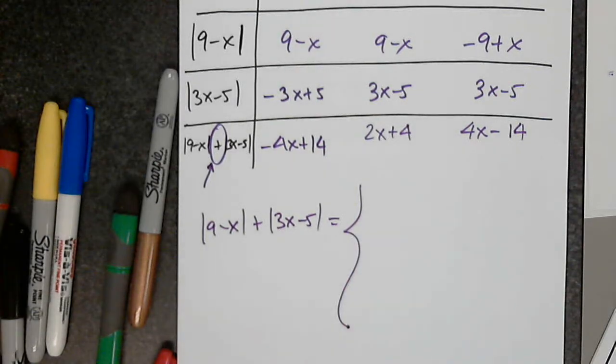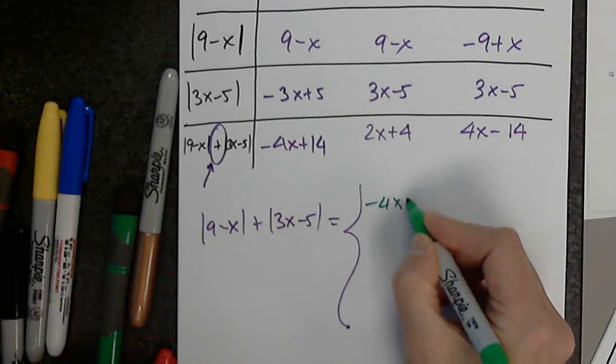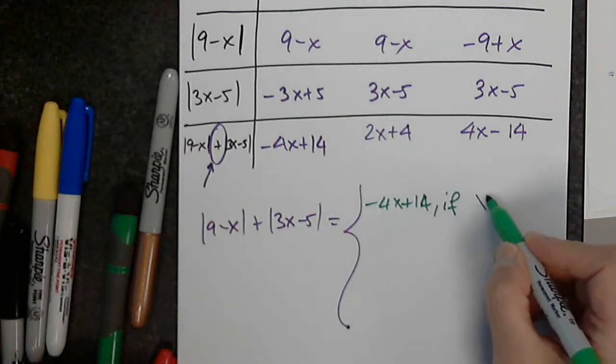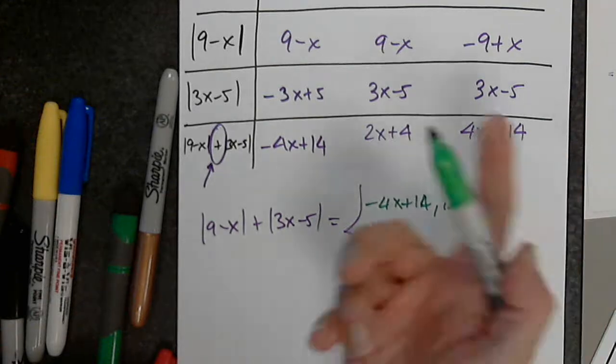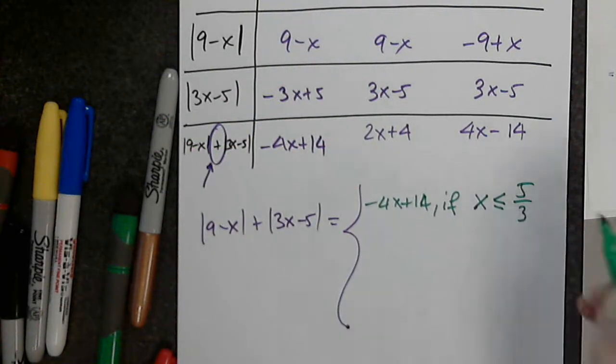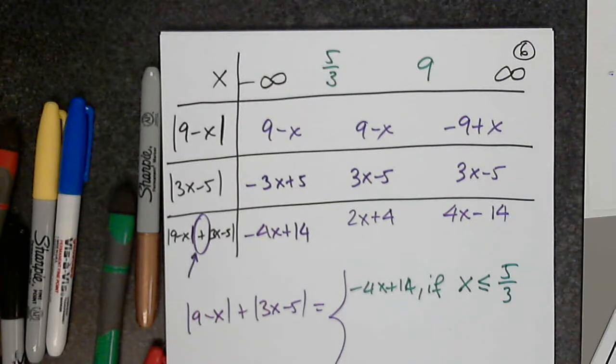Can anyone dictate the answer now, please? Negative 4x plus 14 if x is less than or equal to 5/3, this is the interval. Are we? Yes. Very good. That's the interval. Good.